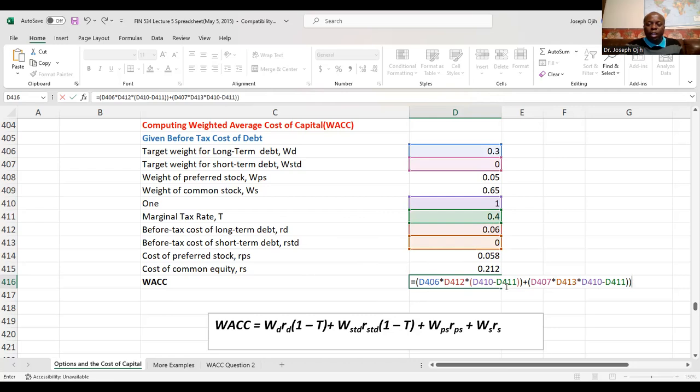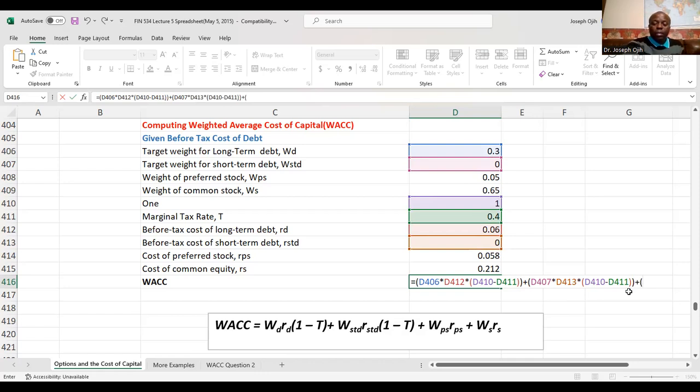Okay, I think I didn't put it here. Okay, I'm gonna correct this. So first of all, the target weight of short-term debt is 0, times cost of short-term debt is also 0, times parentheses, then 1 minus the tax rate. Then close it twice so that we have 2 opening parentheses and 2 closing parentheses to balance it.